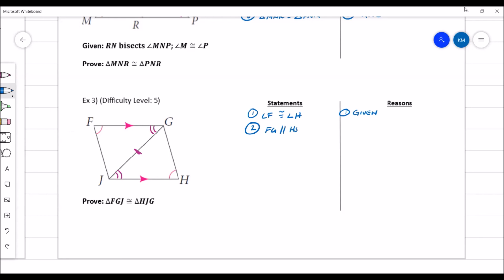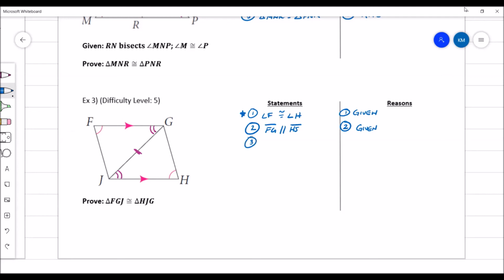It really doesn't matter at this point, but I'm going to keep my congruence the same since I kind of know what it's going to be. And that's given. We did not have to find out that the lines are parallel. They told us with the arrows. Now, with the first one, we said two things were congruent. Here we haven't said that something's congruent, so we're going to try to build off of it. How does this being parallel help us?